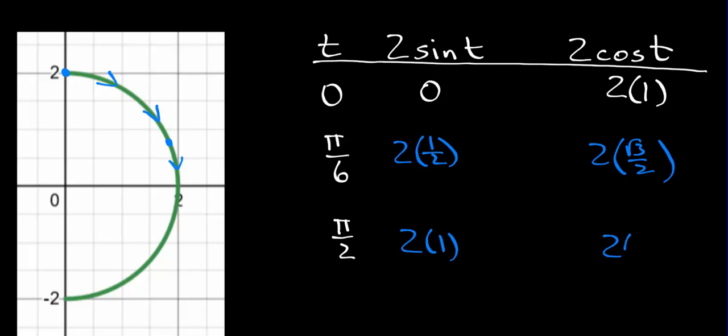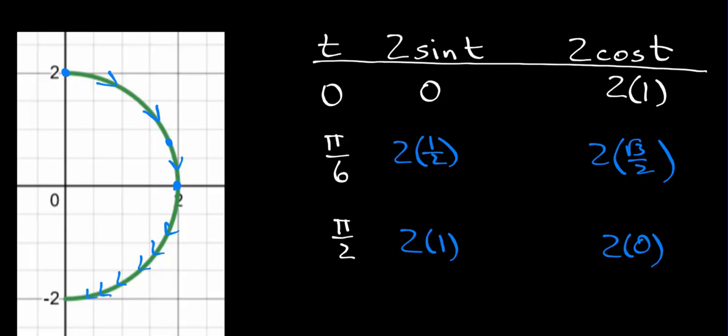And this over here would be 2 times 0. Well, I misspoke. The cosine of pi over 2 is 0, and the sine of pi over 2 is 1. So we get this point, 2, 0. So you can see, yeah, the graph is being plotted this way.